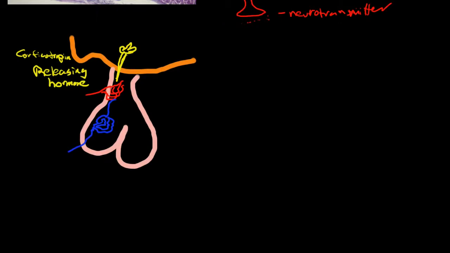So this corticotropin releasing hormone gets into this capillary bed, moves down through the portal vein to the anterior lobe, where it's going to meet up with some other cells, and these cells are going to be stimulated by this corticotropin releasing hormone to release adrenocorticotropic hormone, or ACTH.